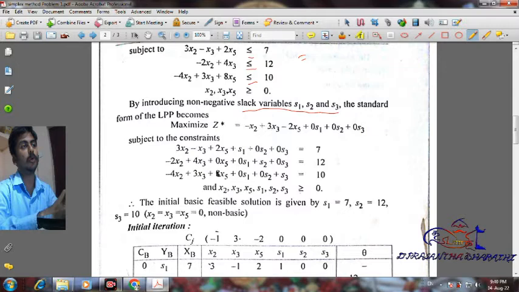So we have maximize z star = -x2 + 3x3 - 2x5, and since there are three constraints with less than or equal to sign, we add slack variables s1, s2 and s3.